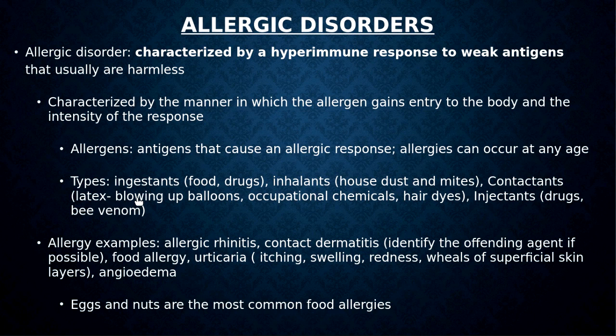You have ingestants, contact allergies, injection allergies, and these are just some examples of different types of allergies that you could have. Allergic rhinitis, contact dermatitis, like I said, food allergies, urticaria. Angioedema, as we know, is life-threatening, correct? Angioedema is a life-threatening allergic reaction.